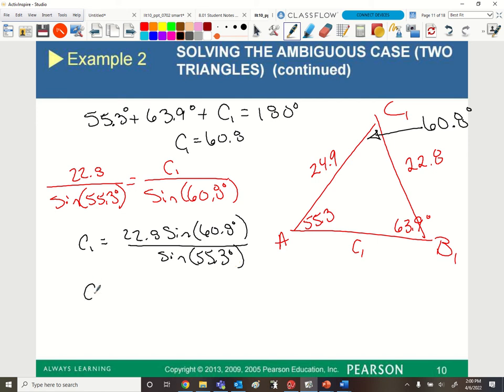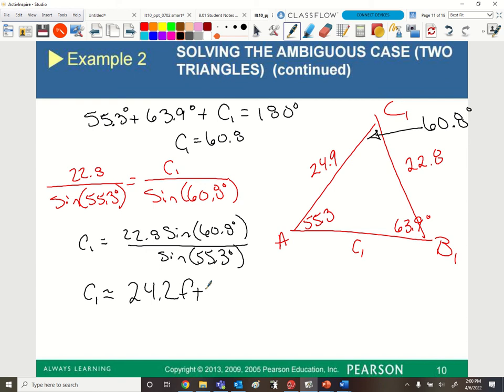So c1 is what? 24.2? I'll let people actually plug it in. What do you say, 24.2? And my units here, I believe, are feet, right?